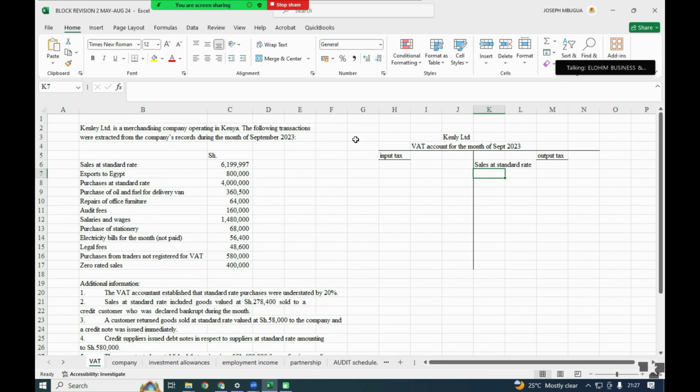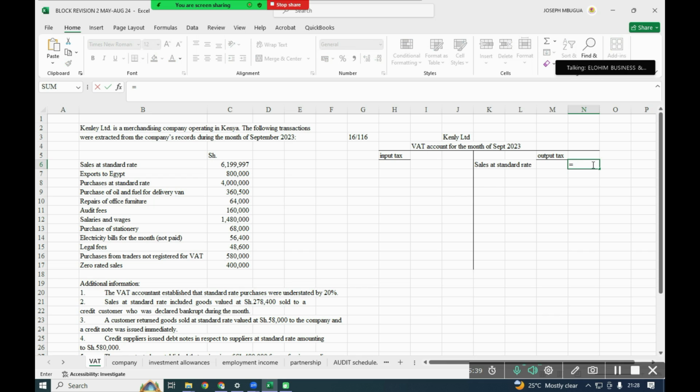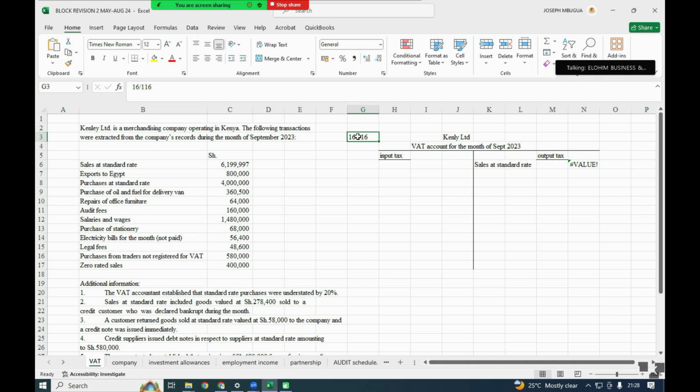Remember, when they say it is inclusive of VAT, that is 16 over 116. So we shall calculate here: this value will be multiplied by 16 over 116.